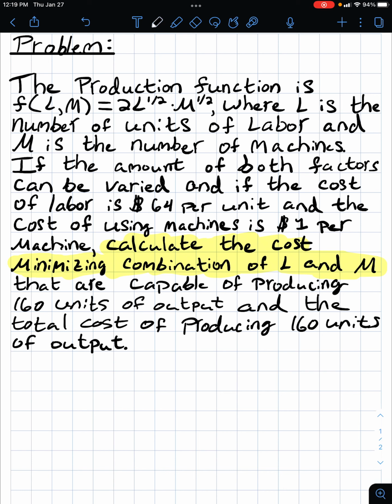So to start off, let's write out our cost function. So what are we minimizing? Well, we are minimizing costs, which is going to be equal to W1, the wage or the price we pay per X1, plus the wage or the price we pay for X2.